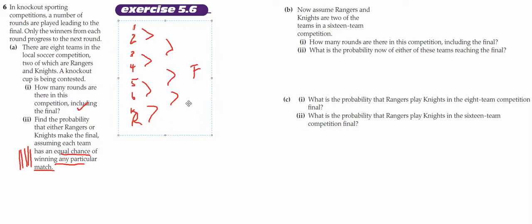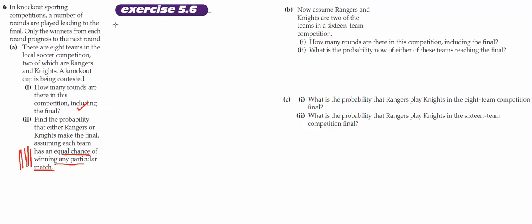I could have Rangers versus Knights, Rangers versus 1, Rangers versus 2, etc. And then I could count up how many had Knights in them and Rangers in them, and work out that probability.